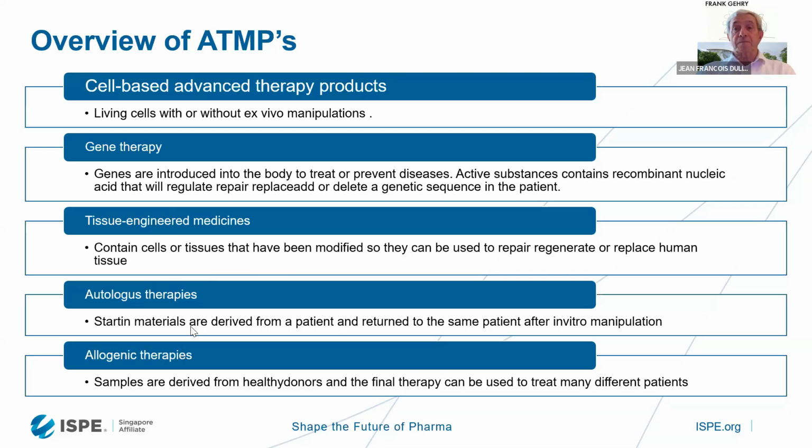Autologous therapies: the starting materials are derived from a patient and returned to the same patient after in vitro manipulation. Allogenic therapies: the samples are derived from a healthy donor, and the final therapy can be used to treat many different patients. But when we say many different patients, we are not talking about 100,000 patients or a million patients. We are talking of a few thousand patients.